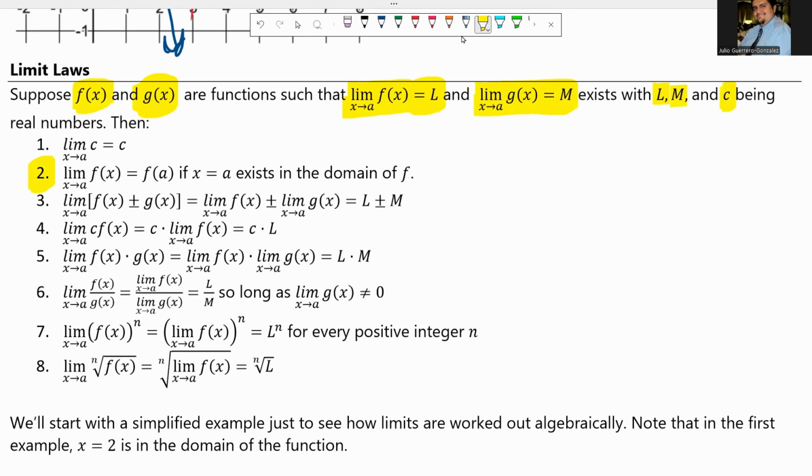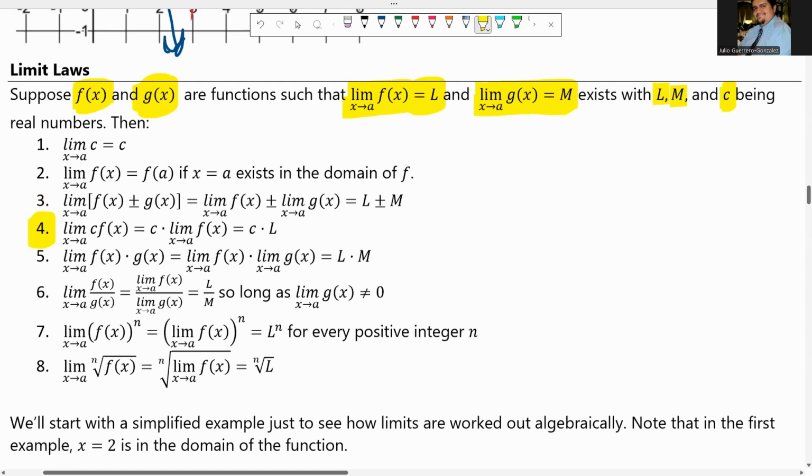That's what this one says. If I have the limit as x approaches a of the sum of two things, then I can break them up into their parts, and it's going to be equal to the limit L plus or minus the limit M. Got it? Okay, next one.